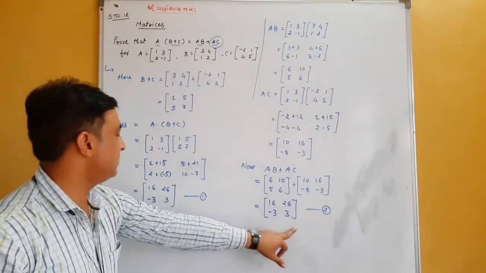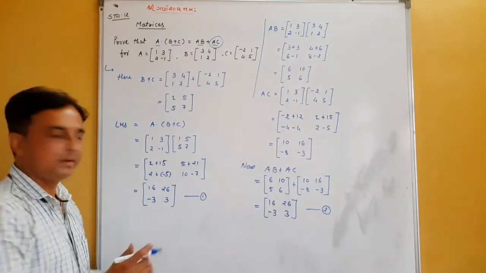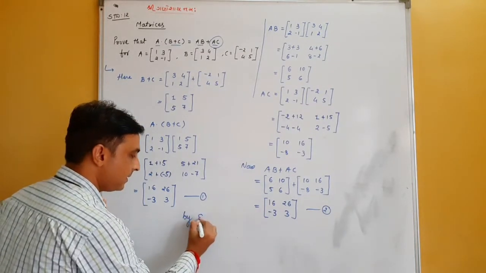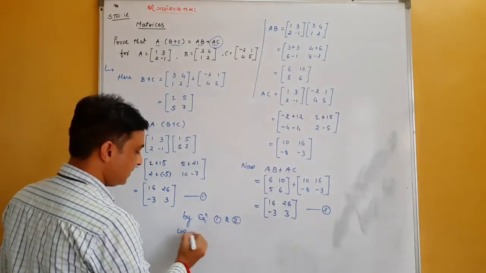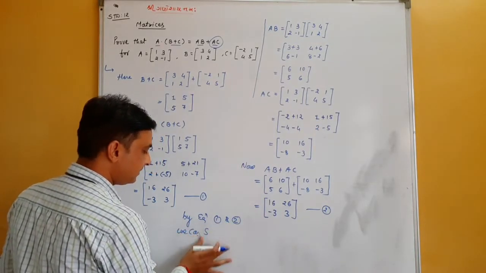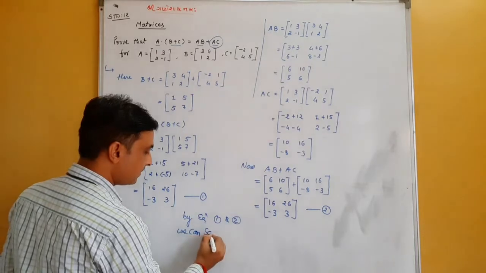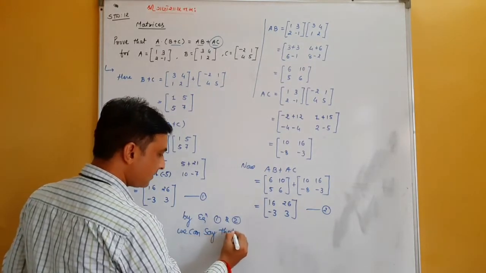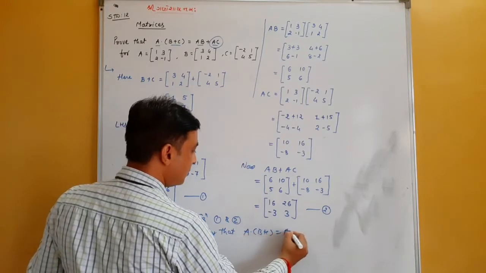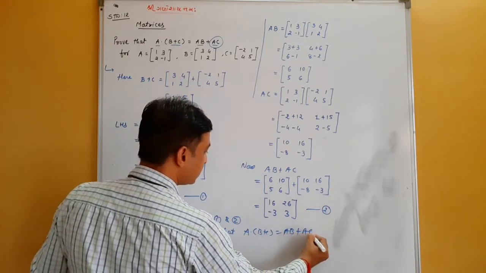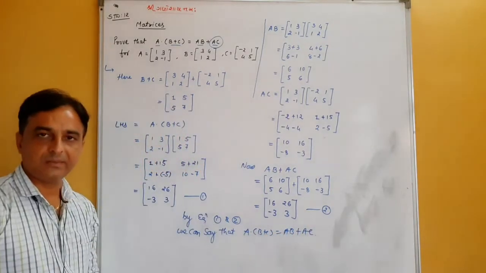Now 1 and 2 are equal. So by equation 1 and 2, we can say that A into B plus C is equal to AB plus AC.